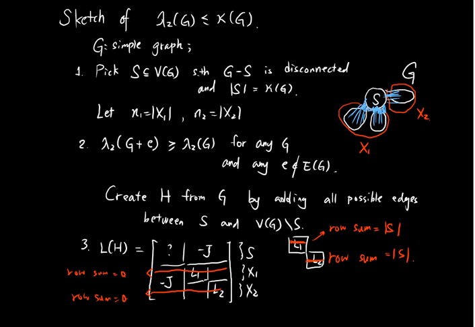Okay, so we're going to do something wise. I need to look at a vector all the time, an interesting vector which is called u. This vector u is 0 on the part of S, and it is equal to n2 times 1 on x1, and it is equal to minus n1 on x2. So here is a minus, sorry about that.